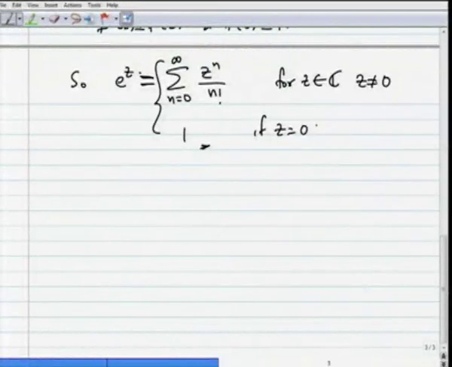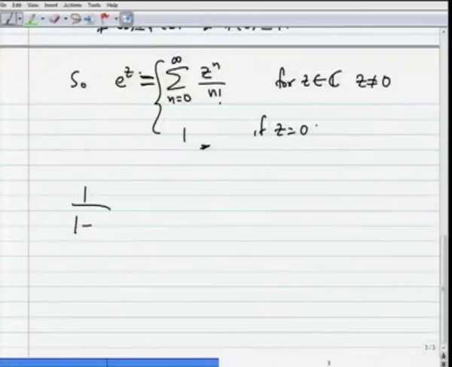So now a question can be as follows: is every analytic function a power series, or so to say, can every analytic function be expressed as a power series? Well, we already know that the answer is no, because 1 by 1 minus z is analytic on... Okay, so let me write the question.